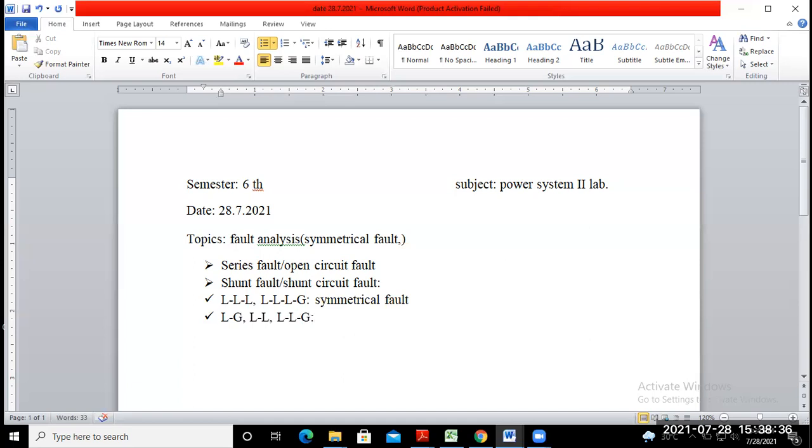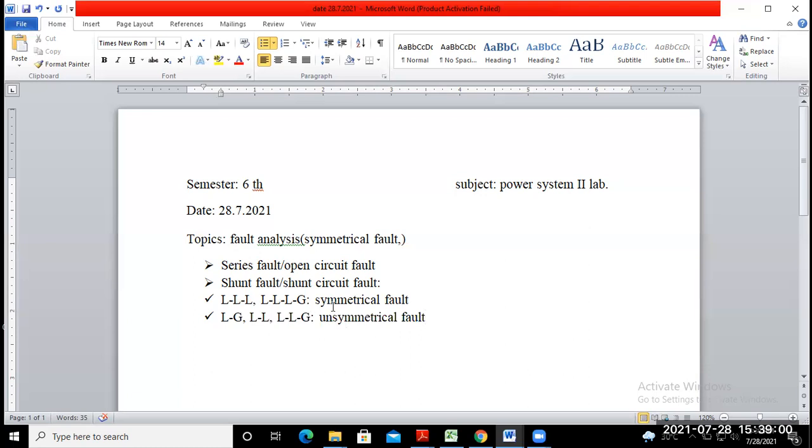This is known as the unsymmetrical fault. Unsymmetrical fault. Symmetrical fault. Okay.